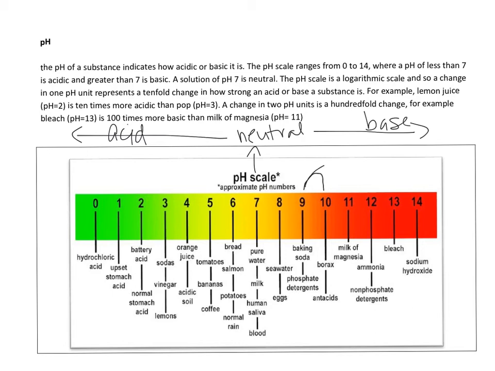A base of pH 11 is 100 times more basic than a base of pH 9. So you can see on this pH scale that a lot of our food products are actually acids. Some of them are bases, but only mild, because bases get to be bitter.